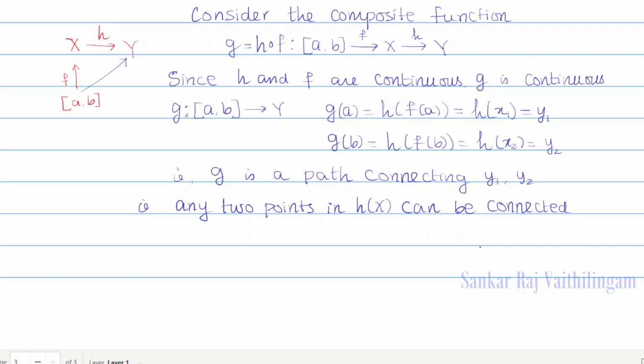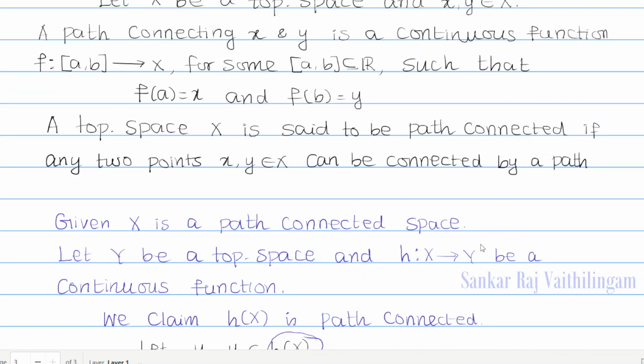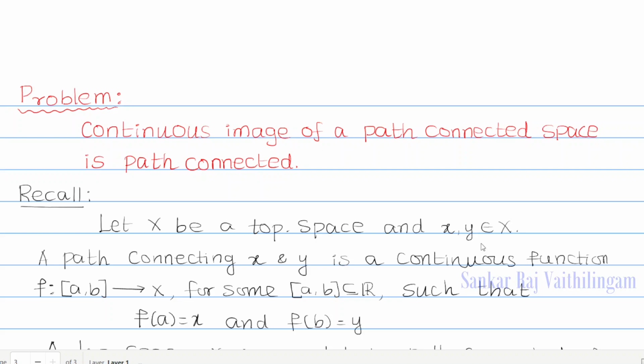This implies that h of X is path connected. Hence the result: the continuous image of a path connected space is path connected.